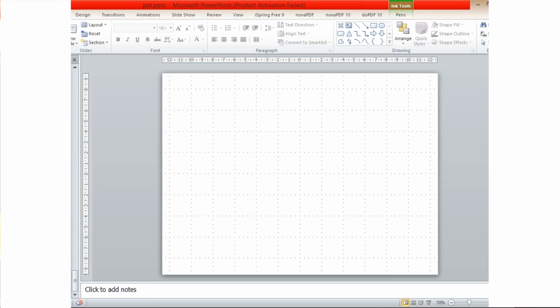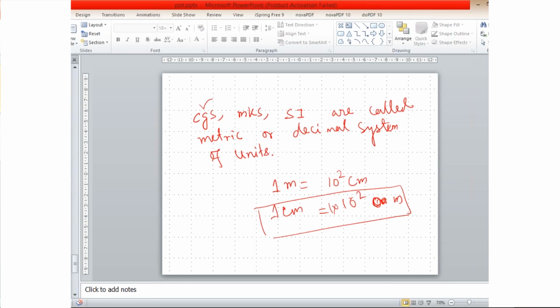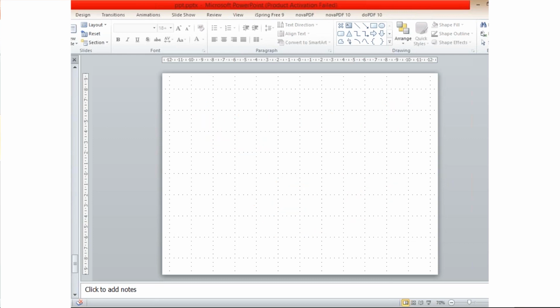Next day onwards we'll read again in detail and learn how to do the measurements. That day I'll make a presentation properly and keep it for you, so that it will be easier for you to see the things again with various figures and all.